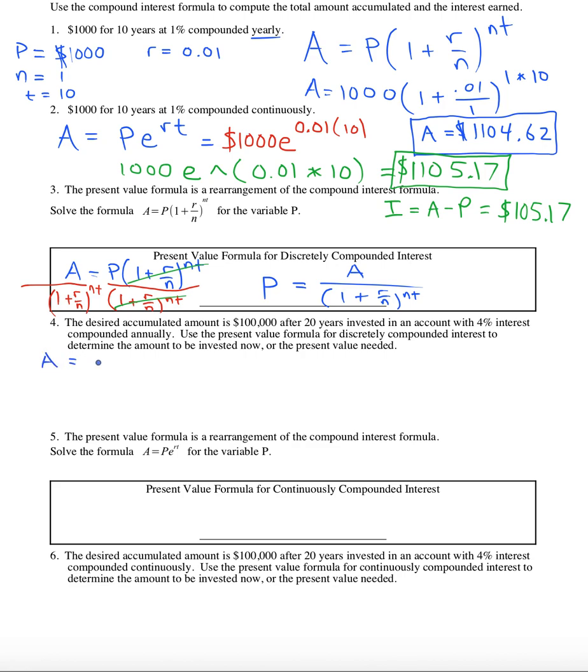So let's write down the givens. What is A, the desired accumulated amount? $100,000. And the idea being here that we want to start with a certain principal P and have it grow to $100,000 over time.